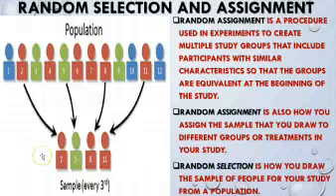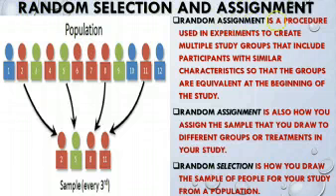Now, when we talk about experiments, subjects have to be placed in various groups in order to be studied. So we have what is called random selection and random assignment.